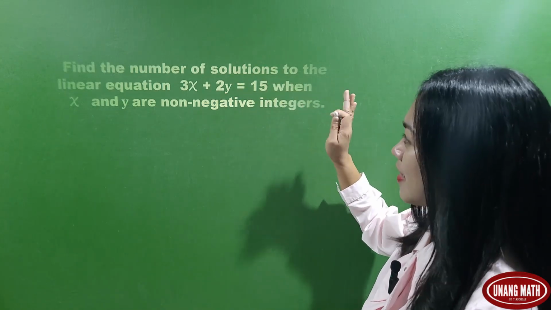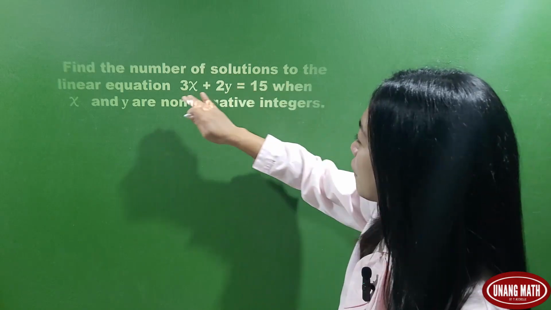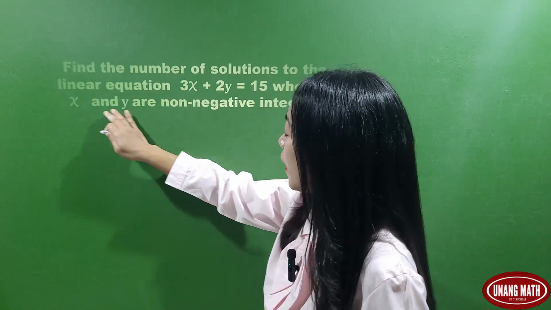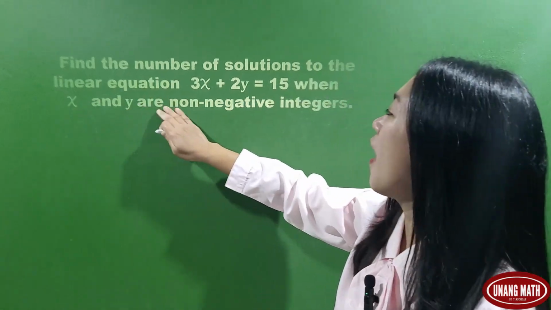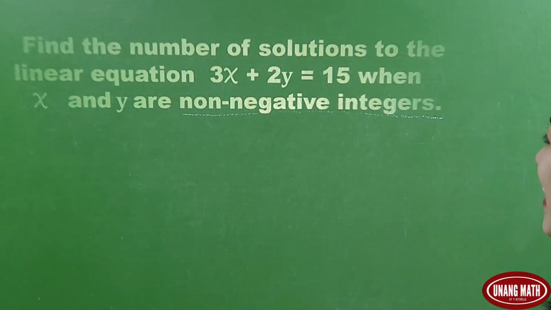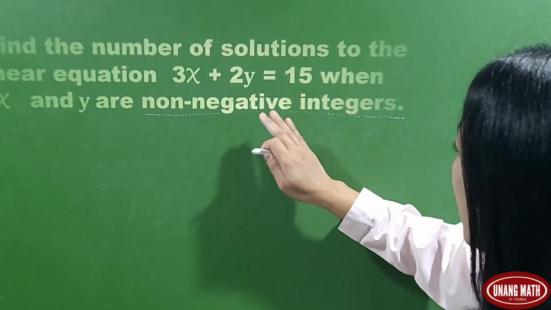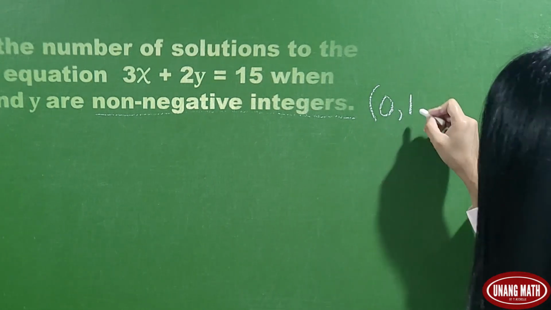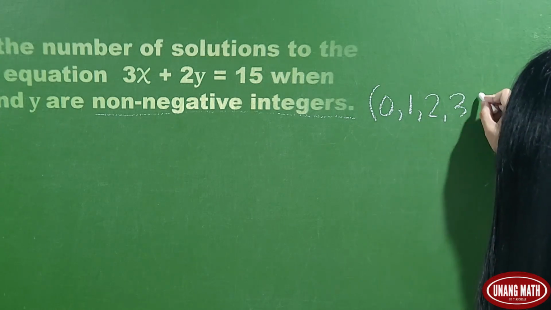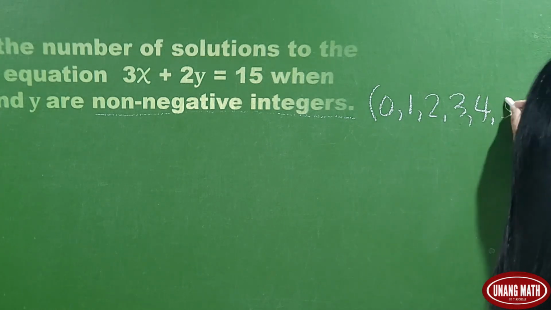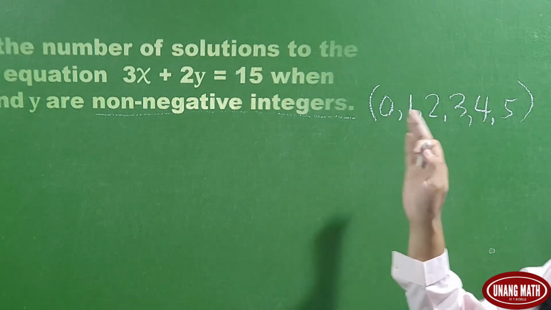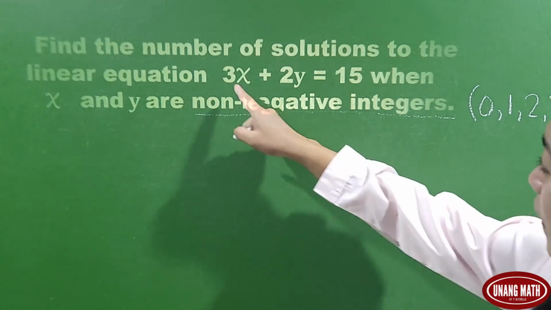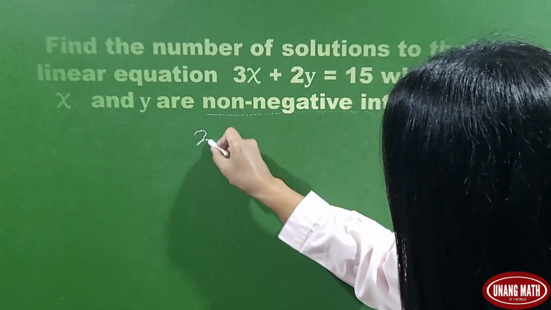This question is asking us to find the solutions of this linear equation, with the condition that the values of x and y are non-negative integers. So it means these can be 0, 1, 2, 3, 4, whole numbers that are positive, including 0.